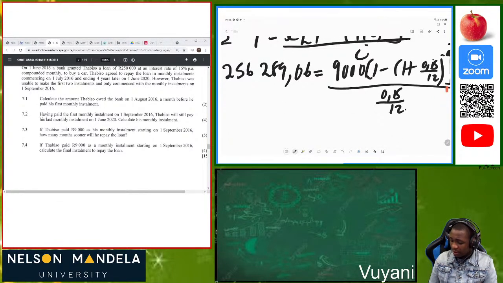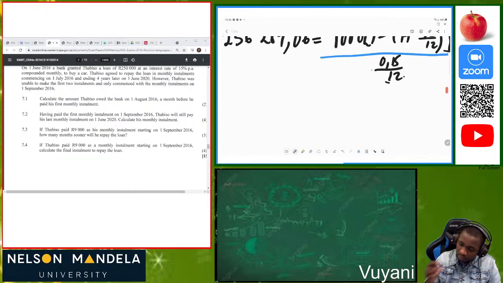So if we use our calculator here, we know that we have to cross multiply, and then we divide by 9,000. Let me show you step by step so that you see it through.